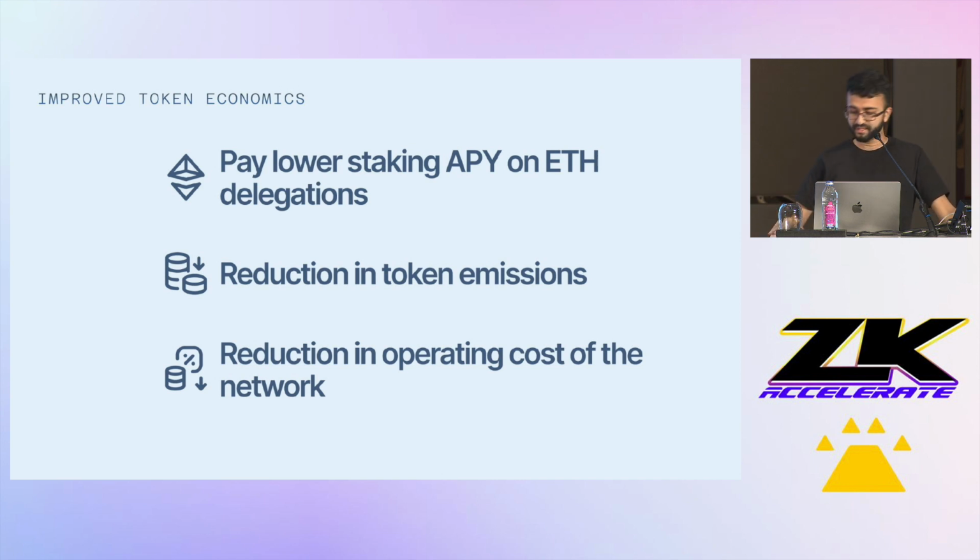So you can actually get ETH, which is a more stable asset, to provide security to your chain. As a result, you pay lower APY on your security. So basically, for the same dollar value of security, you have to pay lower token emissions to secure your chain, which effectively reduces the overall operating cost of your network. And basically just improves your overall tokenomics.